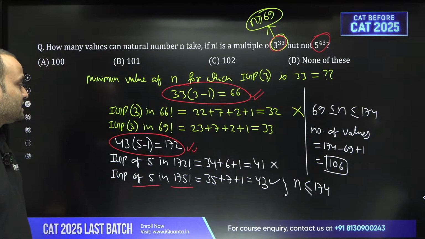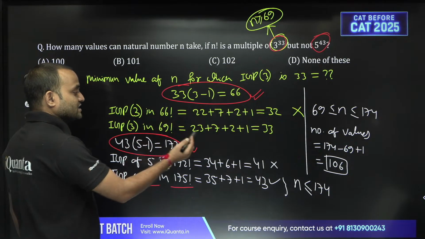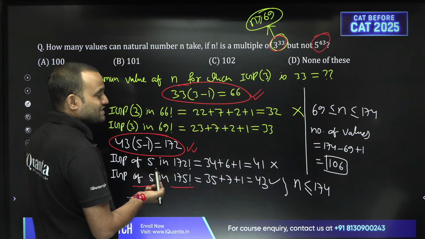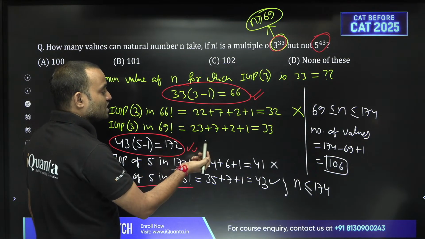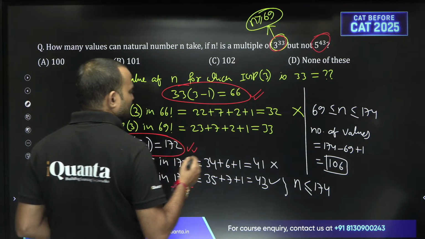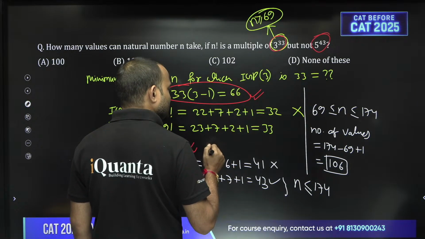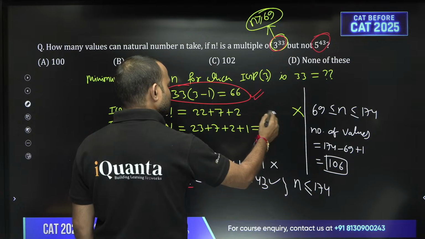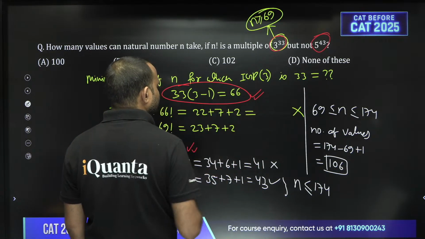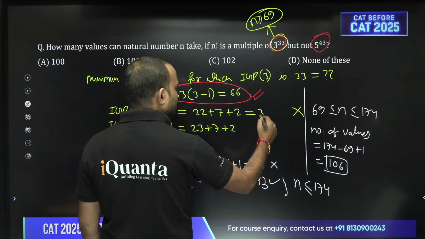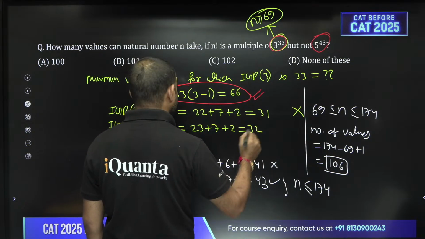What's wrong with 69? 69 by 3 is 23 plus 7, right, plus 2, plus 0. Sorry, my mistake, wait a second, it won't work here either. Sorry, this will be equal to 29 plus 2, 31, and this will be equal to 32.